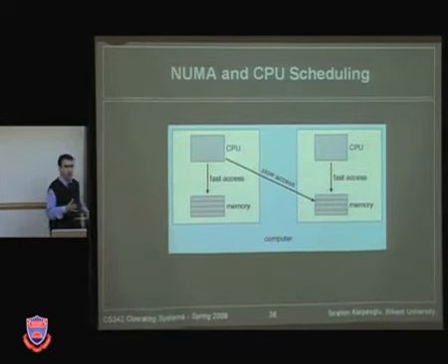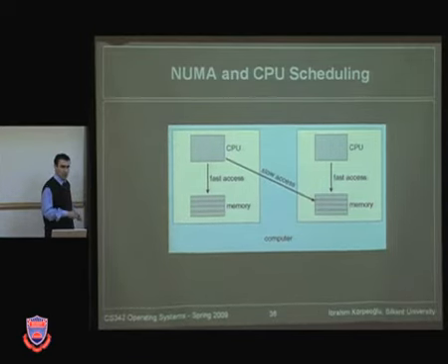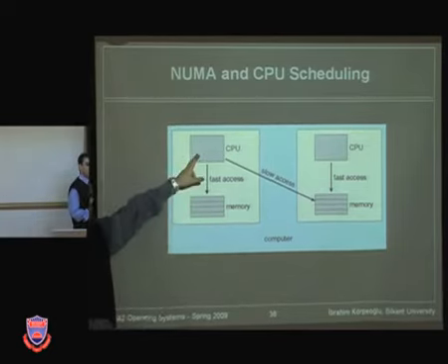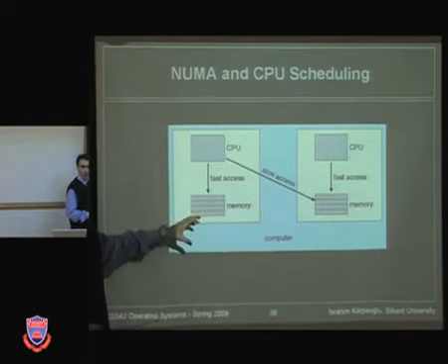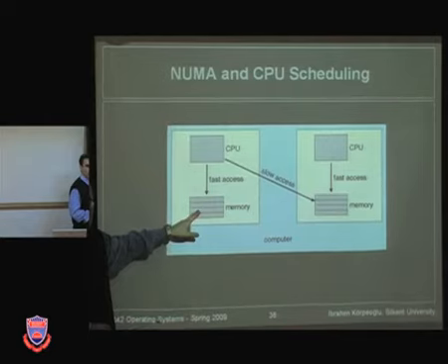So now the kernel may be aware of that and make the scheduling and memory allocation depending on this architecture. What does it imply? When a process is scheduled to use that CPU, the kernel should also make the memory allocations for that process from this memory. It should try to do that.